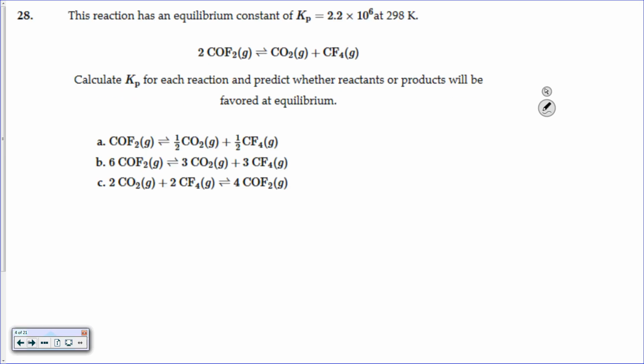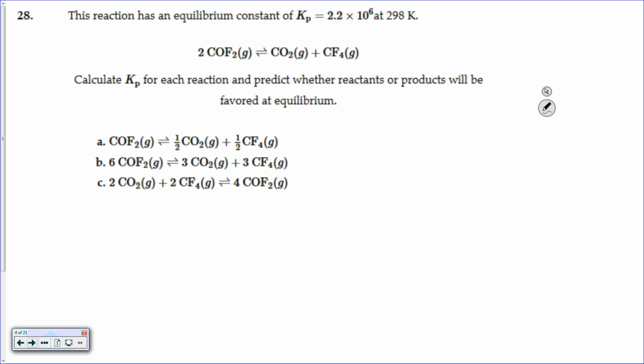All right, number 28 says the equilibrium constant K sub P is a value 2.2 times 10 to the 6 at 298. Calculate the K of P for each of the following reactions and predict whether the product or the reactant would be favored at equilibrium.